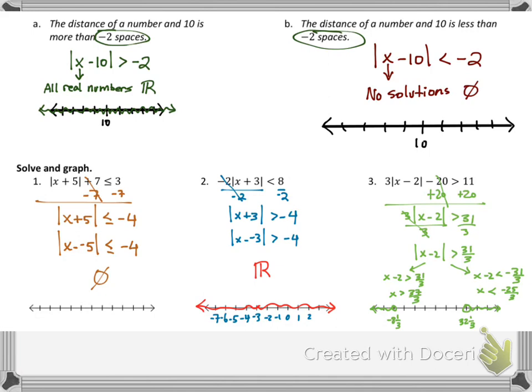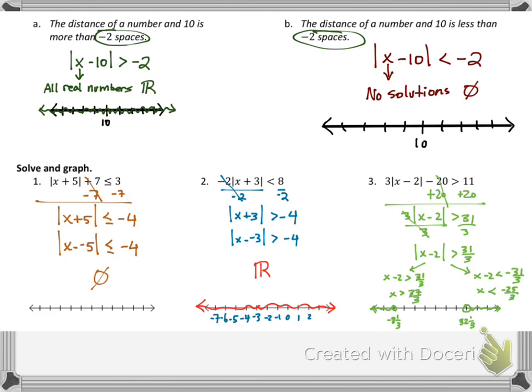Number 3, again, I've got to isolate the absolute value. I add 20 on both sides, divide by the 3. I end up with this funky fraction. That's all right. We love fractions. Since I have the absolute value isolated and a positive number on the other side, I'm good to go. So I take my normal inequality, x minus 2 is greater than 31 thirds, or I flip it and x minus 2 is less than negative 31 thirds.